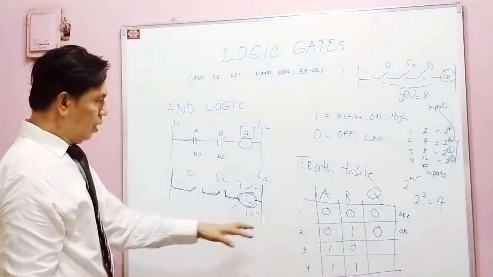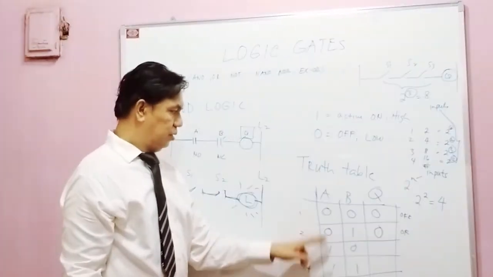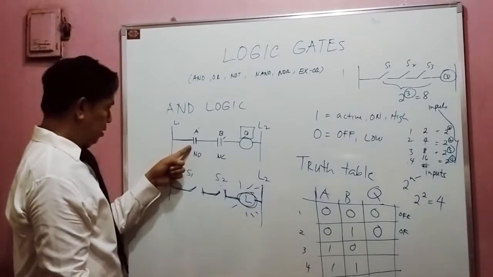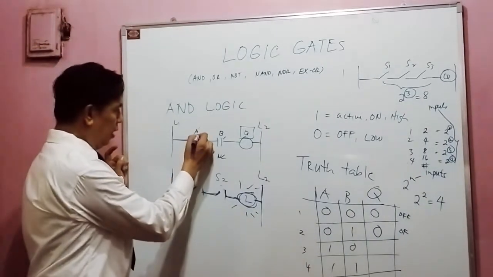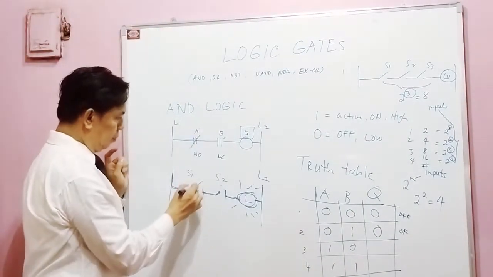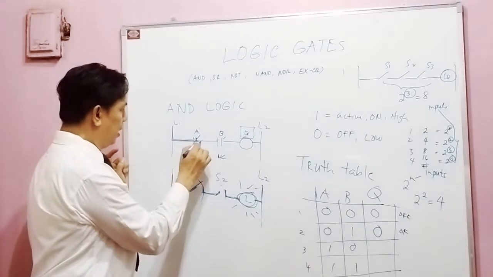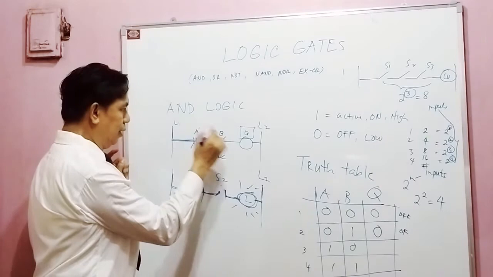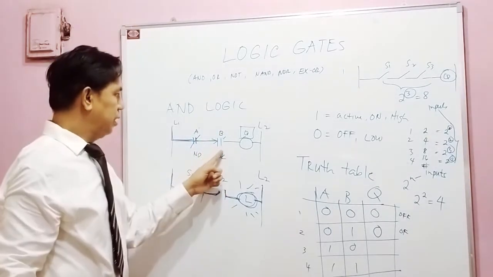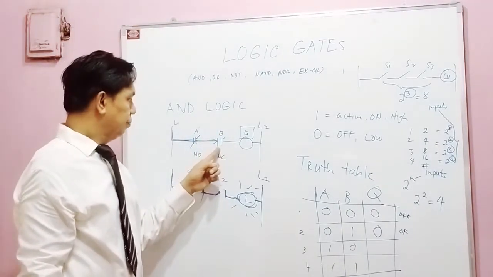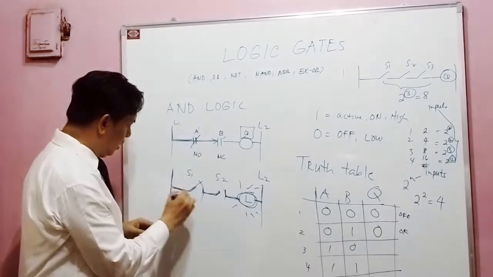What if I change the status of A? So A is normally open, then I switch it like this. The current can pass here up to here only, but it cannot pass here because it is open. So look at this switch.